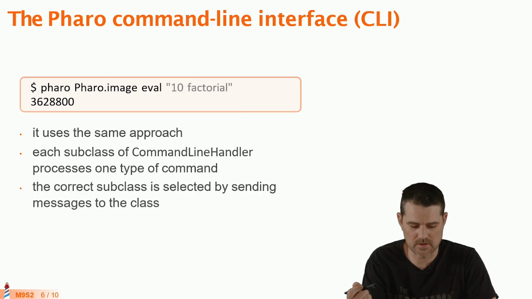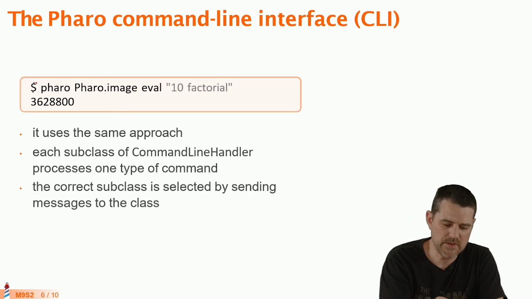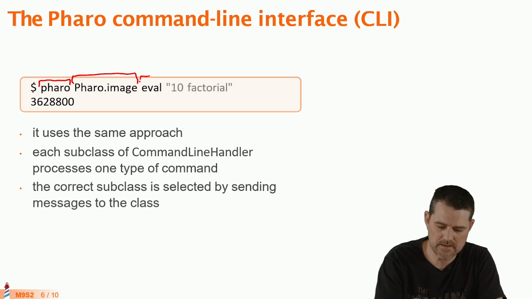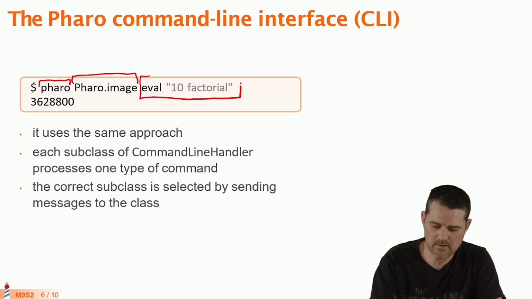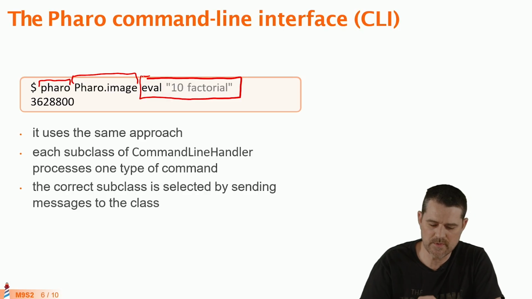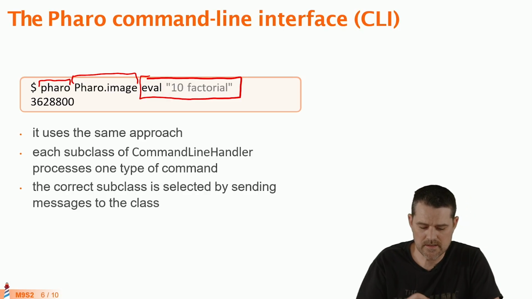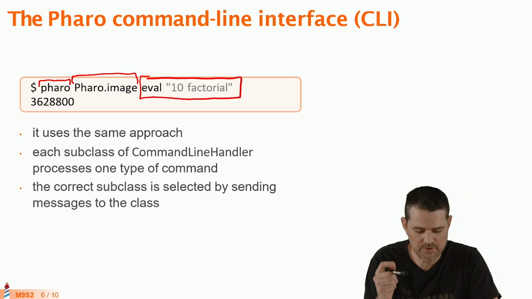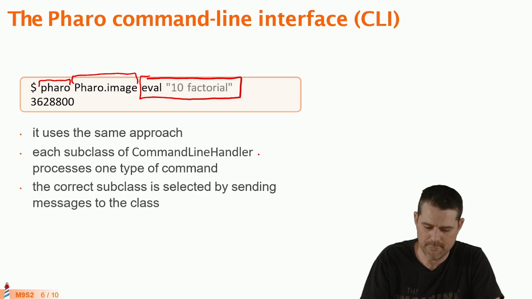Let's have a look at another example. For example, here I have a command line. This is a Pharo virtual machine, here I have the Pharo image, and this part of the command line is handled by the command line handler.